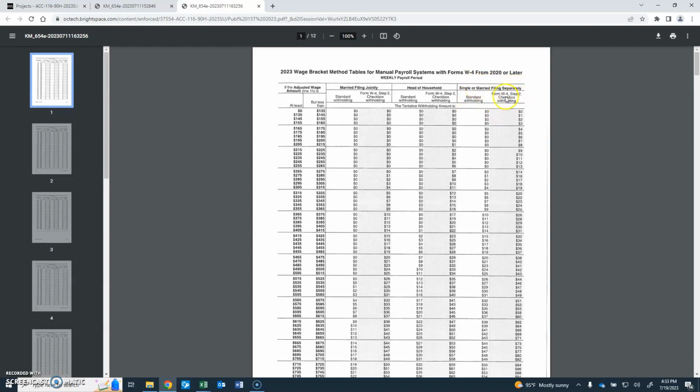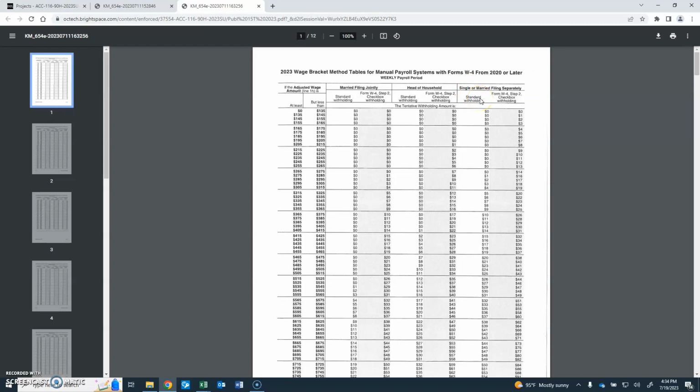Within that set, there are two separate columns: the standard withholding for the single person, or, if they filled out some extra stuff on the W-4, we follow this other one. We're just going to use the standard withholding for a single person for all the employees.